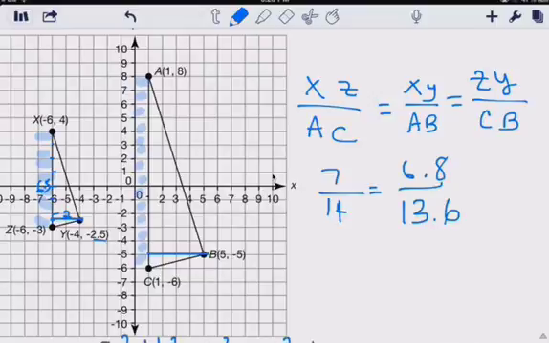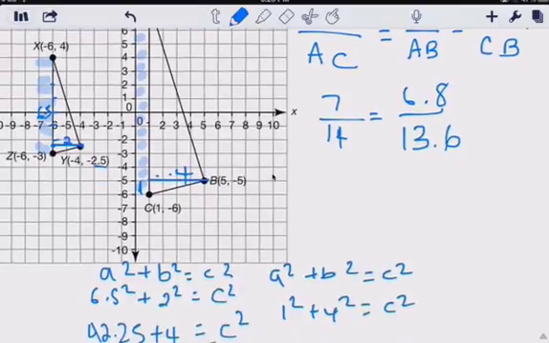A squared plus B squared equals C squared. Okay, this is 1, 2, 3, 4. 4 and 1. So let's see. 1 squared plus 4 squared equals C squared. That's 1 plus 16 is 17 equals C squared.